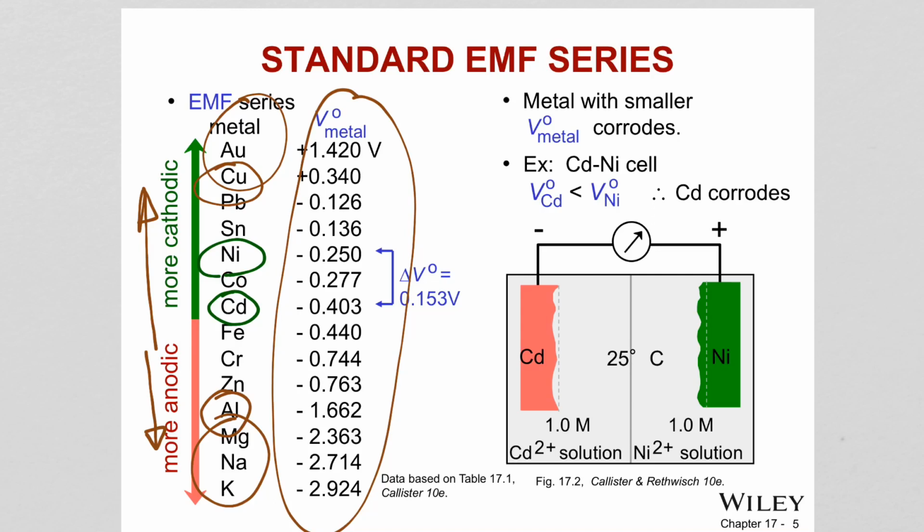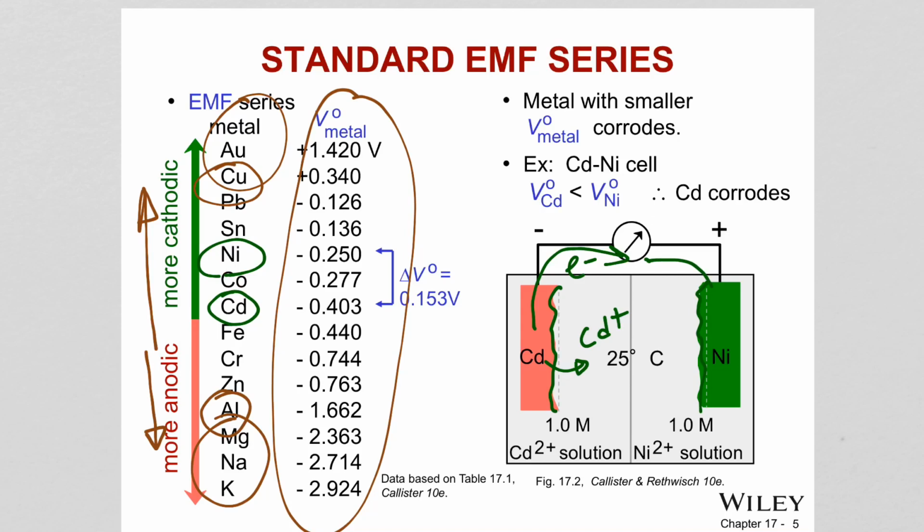Therefore, cadmium is more anodic compared to nickel, so the cadmium is going to dissolve, while the nickel can grow by the addition of nickel ions from the solution. As you can see, it's getting bigger here, because this one is losing electrons, dissolving into the solution, so this is corroding.